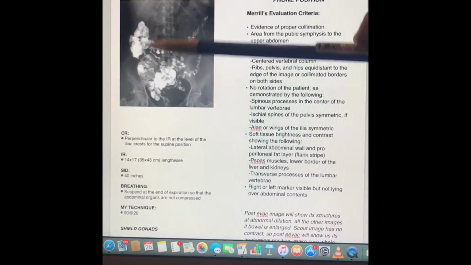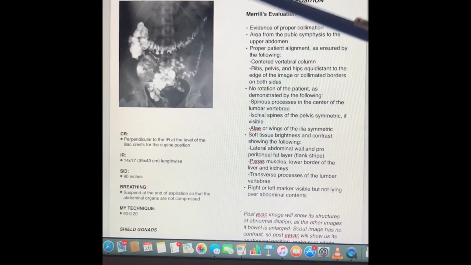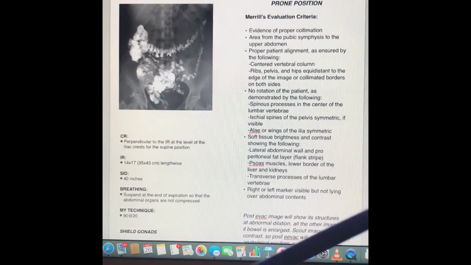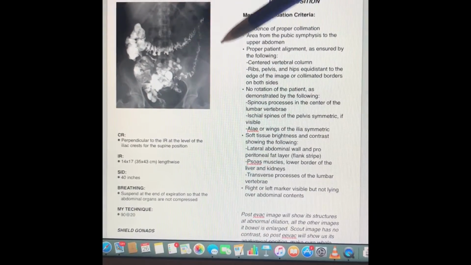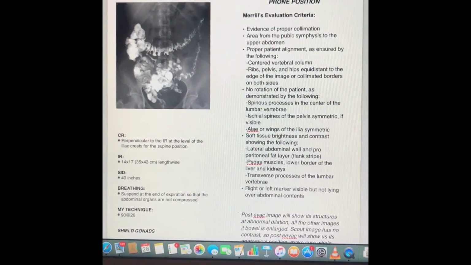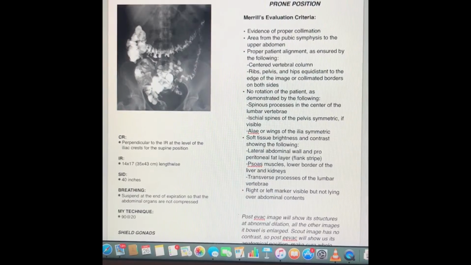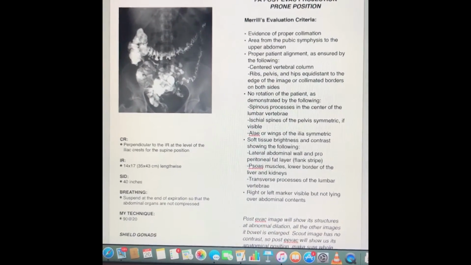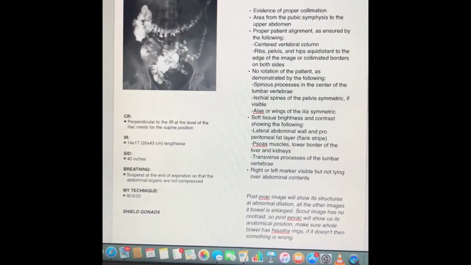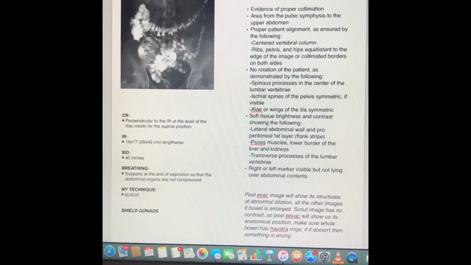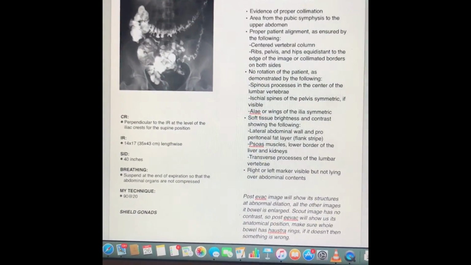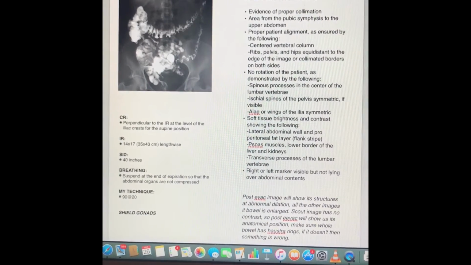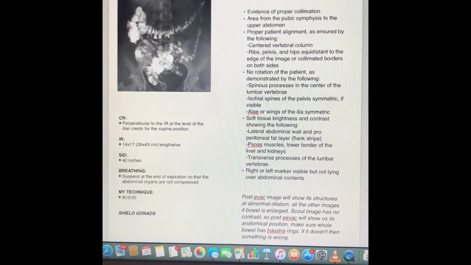the contrast has been evacuated, and we still see a little bit of it, but it's not so enlarged. This is a good image to take because we can make sure to see that the whole colon has the haustra, because if it doesn't, then that's a problem.